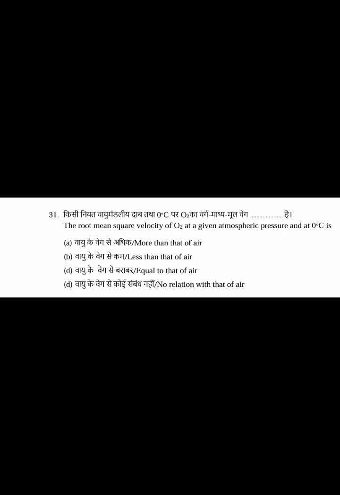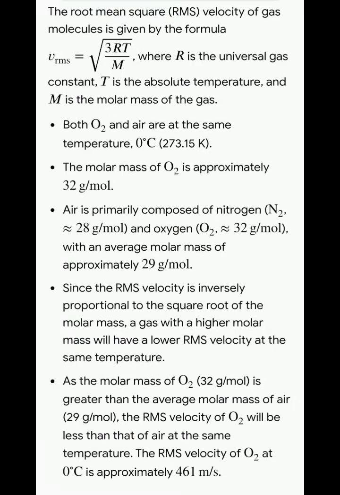The next question is, the root mean square velocity of oxygen at a given atmospheric pressure and at 0 degrees Celsius is dash. We know the root mean square velocity Vrms is equal to square root of 3RT by m. And here air is composed of oxygen and nitrogen with an average molar mass of approximately 29 gram per mole.